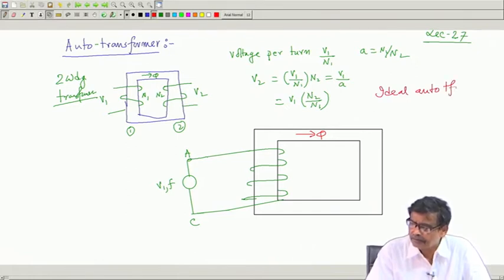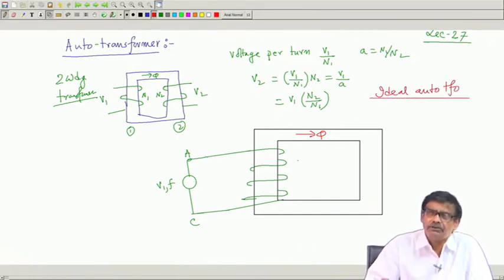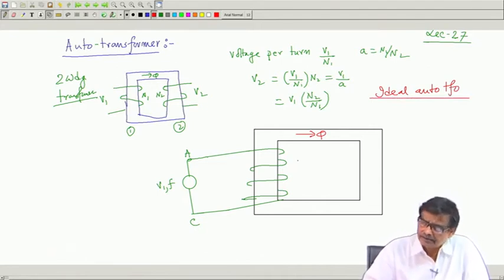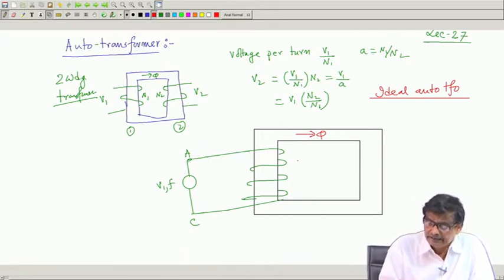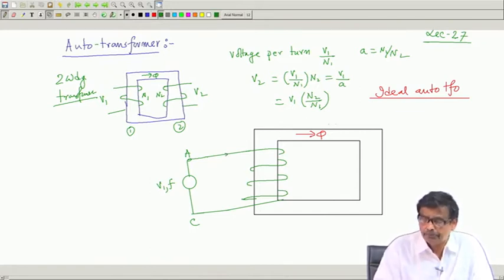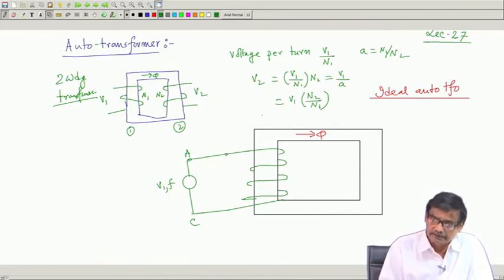That is, all flux are confined to the core, little magnetizing current is required. In other words, I will neglect magnetizing current, no load current, no eddy current, hysteresis loss in the core. Therefore, as the current flows, little magnetizing current, alternating flux will be produced and it will move like this.